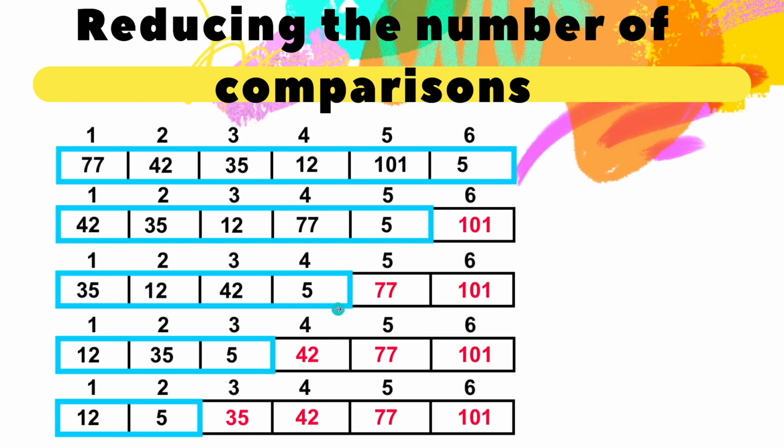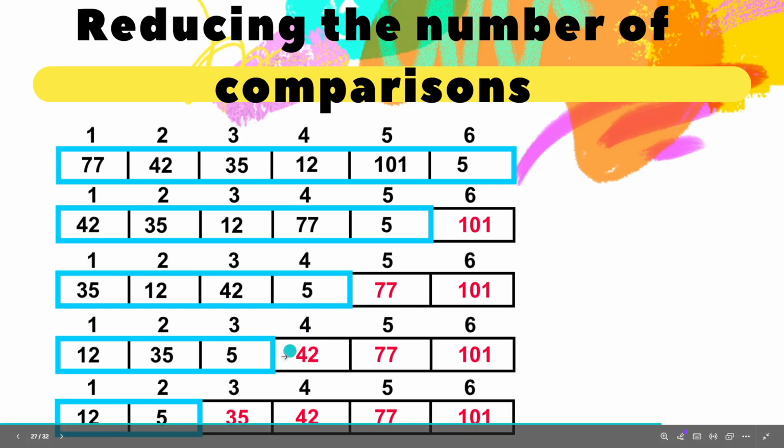That is what we have shown highlighted here. As soon as we have placed two elements in the appropriate position, we restrict our attention only to the rest of the positions in that array. Thereby you could see that our comparisons get reduced by 1 during every iteration.